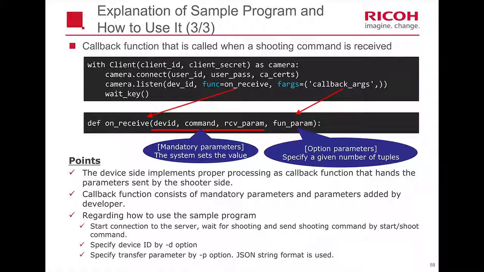Therefore, the number of arguments is 4 in total, including the 3 mandatory parameters. If you do not specify anything for fargs, then the number of arguments is 3, just the 3 mandatory parameters. At the bottom of this slide are several important points that you should note. I recommend you come back and read these carefully.